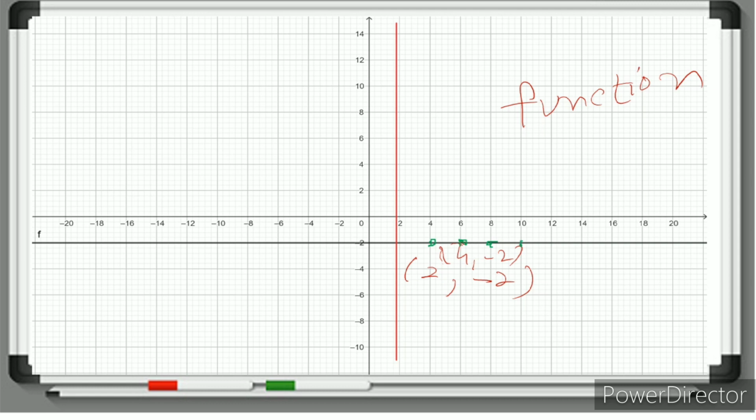So if I take some of the points here, you can take many points on this line. I'm taking a few ordered pairs. I will write it here.